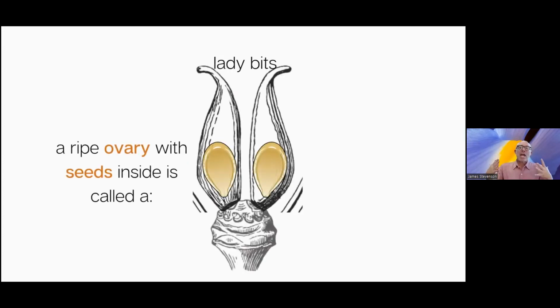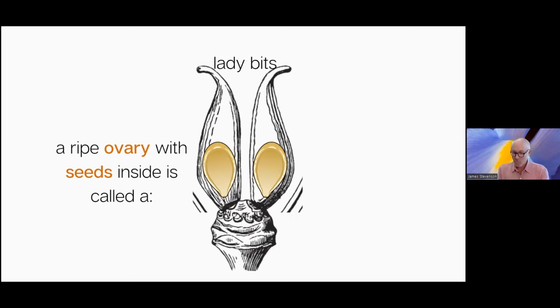So a ripe ovary with seeds inside. A flowering plant has an ovary, that mystic middle. It can be composed of carpels that are free or fused together. No matter what, the ripened ovary with a seed or seeds inside is called a what?